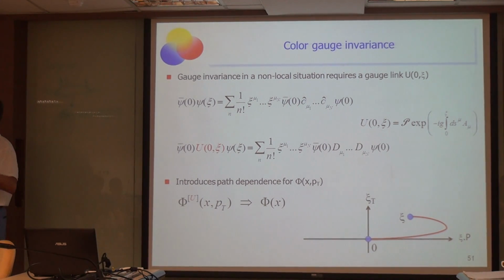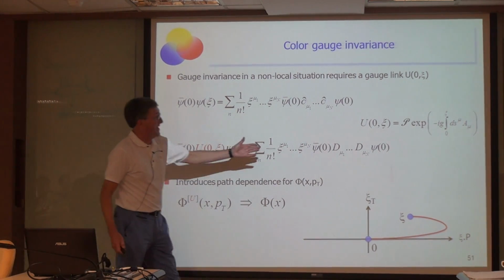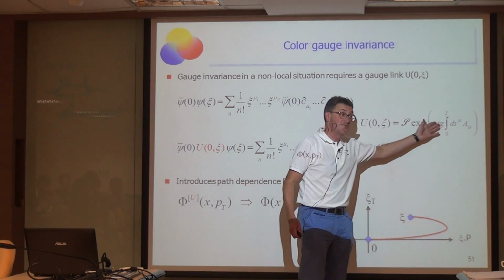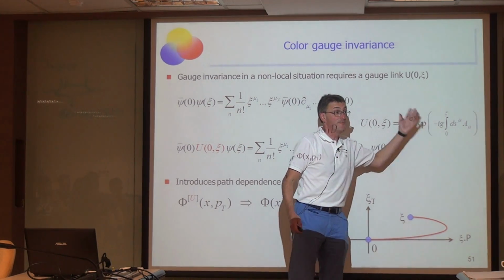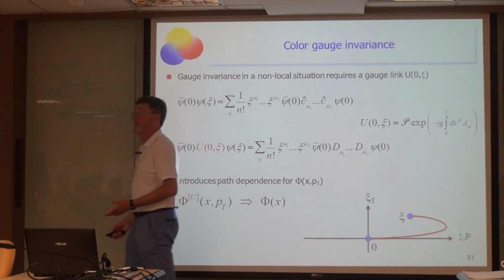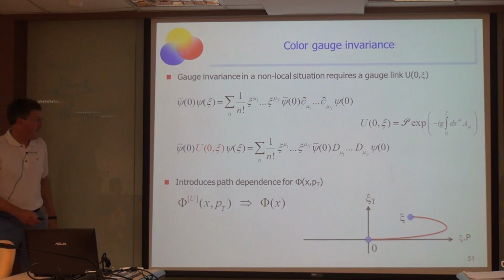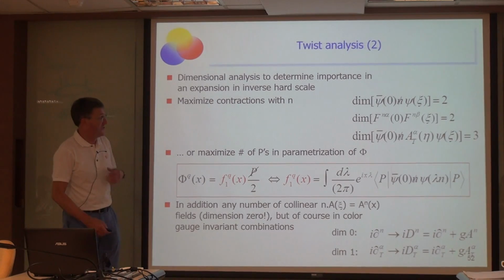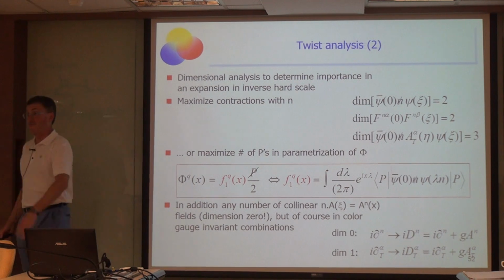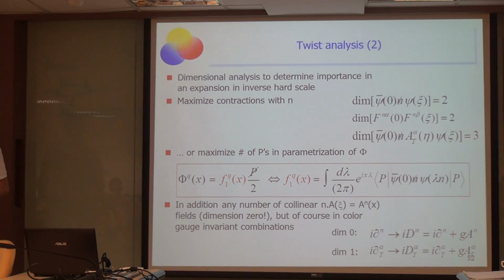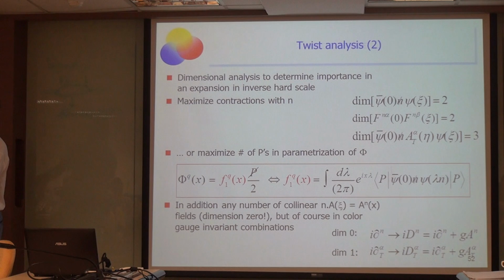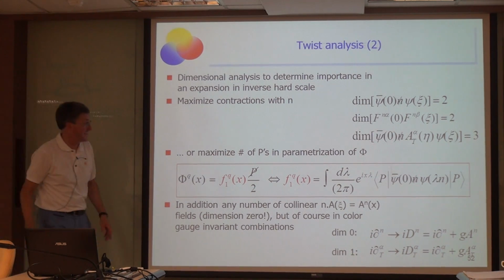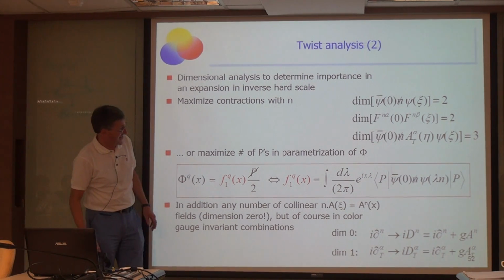You need some connector between point 0 and psi, a path-ordered exponential, so you need these gluon fields to produce a gauge invariant object. Okay, but transversely polarized gluons generally don't show up. I mean, they show up in the parameterization, but they become suppressed.